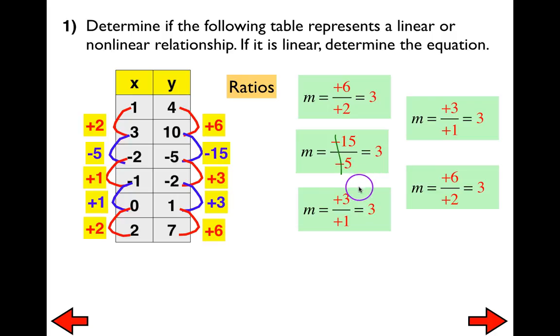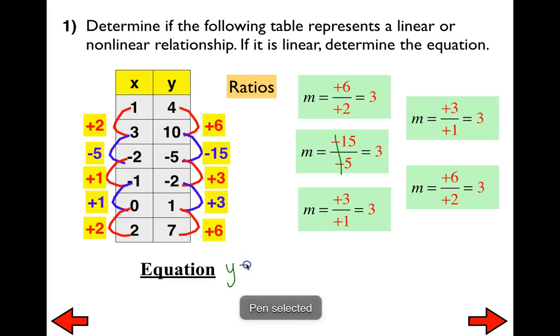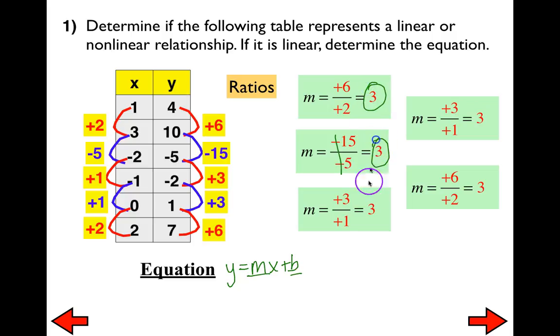It is linear. And because it's linear, there is going to be an equation. In order to write down the equation, let's recall the format of slope-intercept form, which is y equals mx plus b. I need to know what m is, and I need to know what b is. M is right here, repeated about 5 times. M is 3. Okay, well, what about b?